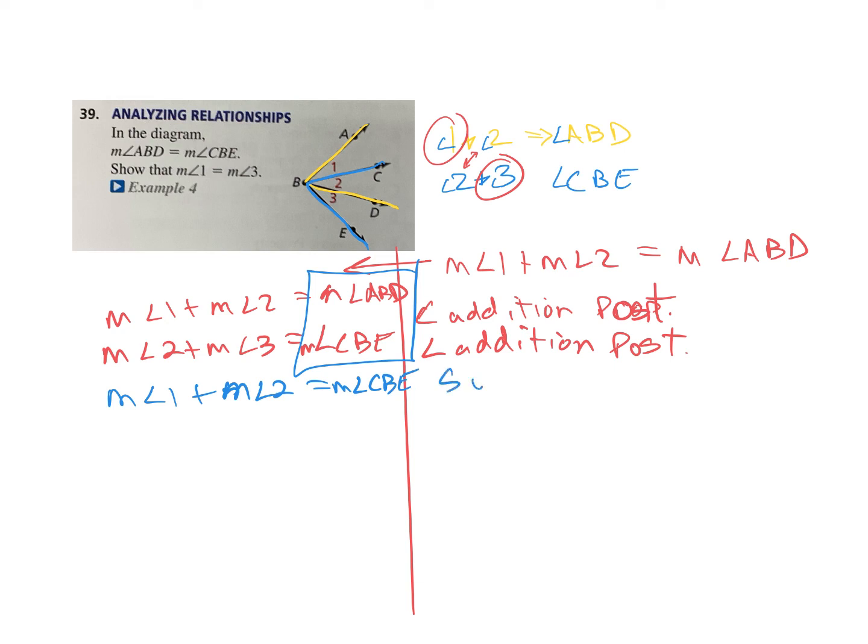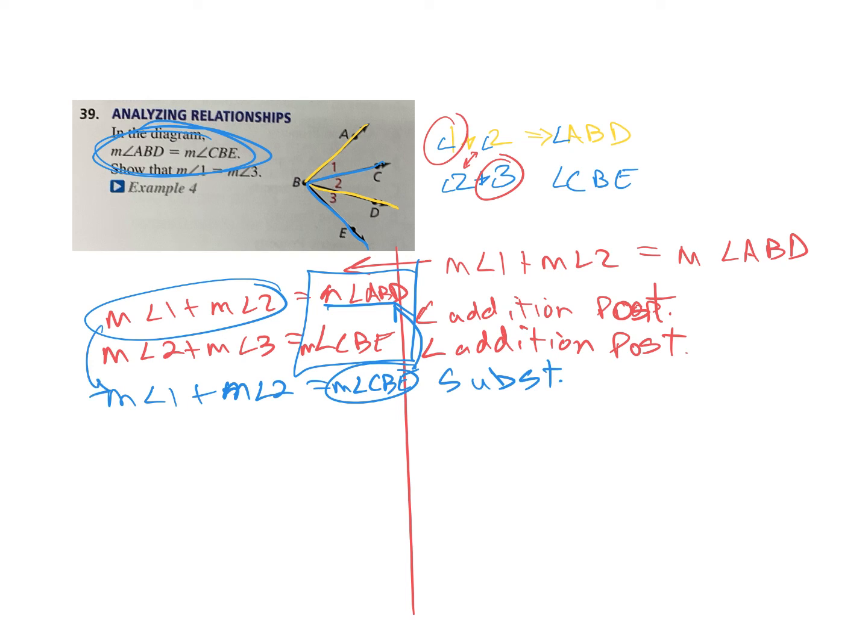Okay? That's substitution property, because I substituted for what angle ABD is with CBE. Because that's our given. Our given is that those two angles are the same. So all I did was substitute CBE into that position, and I've moved it down to here.